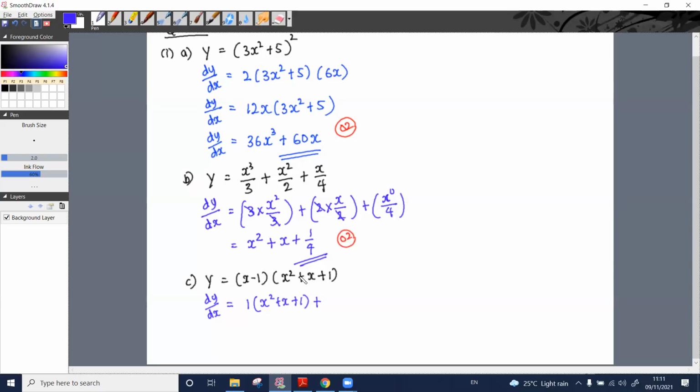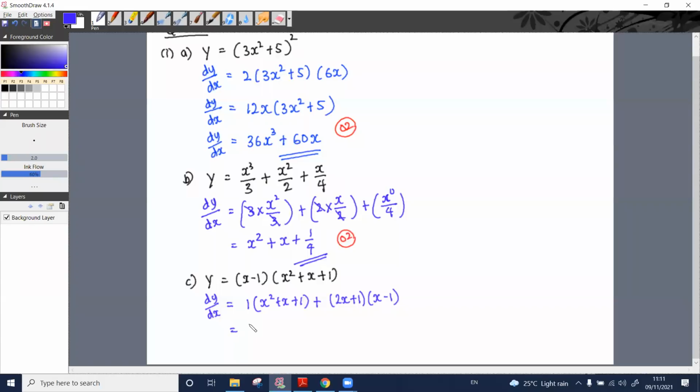We need to differentiate the second group. How do we differentiate the second group? Differentiating x squared gives 2x, plus differentiating x gives plus 1. This needs to be multiplied by the first group as it is, x minus 1.